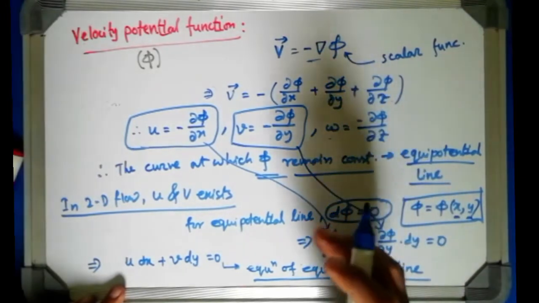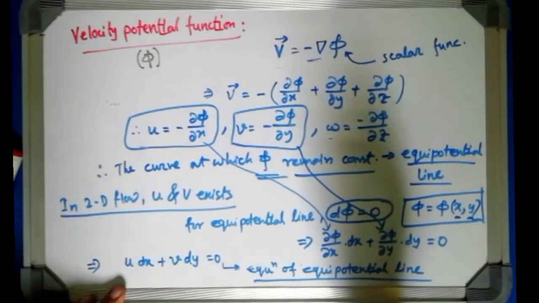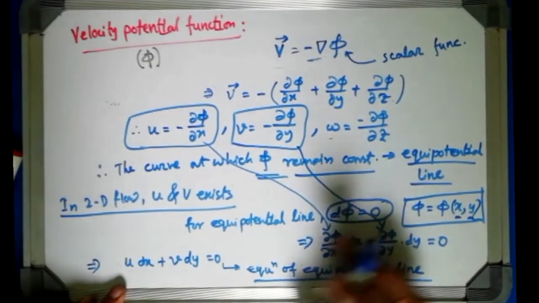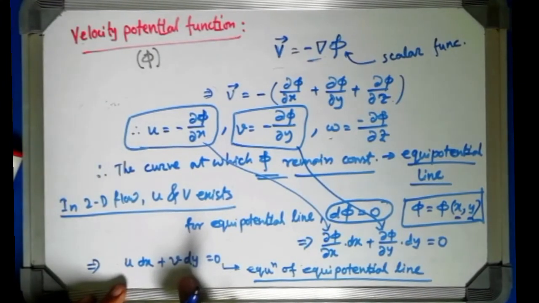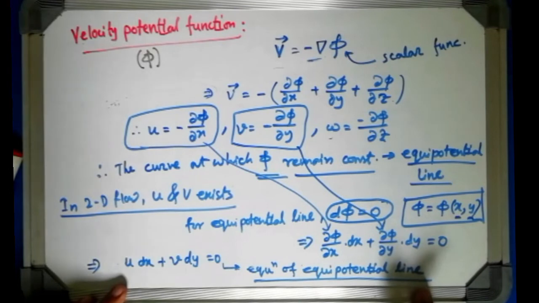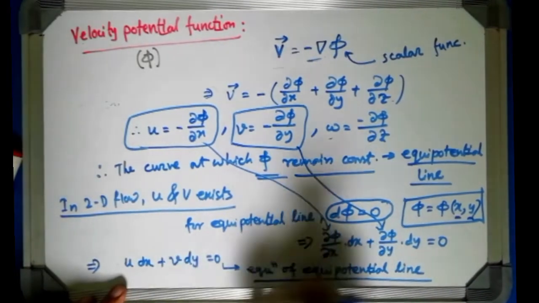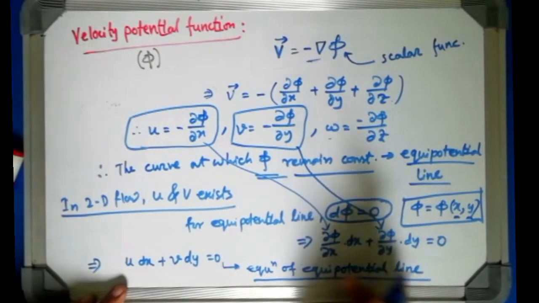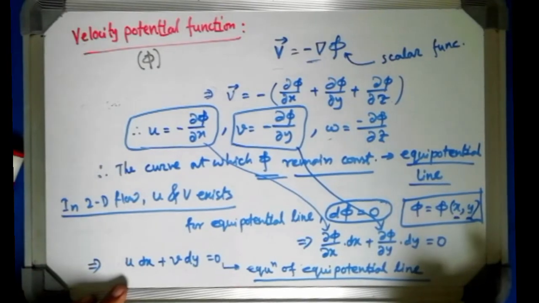That means the potential function is constant. Based on this information, this equation u dx plus v dy equals 0 is the equipotential line, because it is generated from this concept that d phi equals 0.